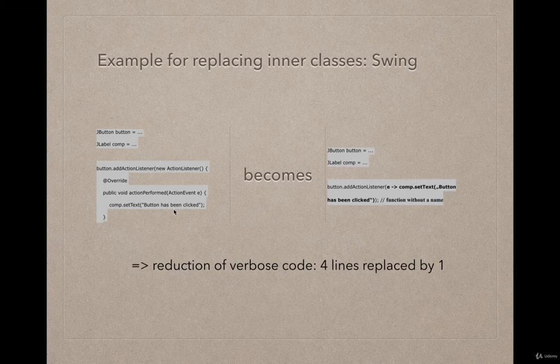Here you have 4 lines, and these 4 lines become 1 line. So new ActionListener, actionPerformed, ActionEvent, and so on, becomes this. You just have an e, and you just say comp.setText, which is a method. This is an anonymous function, a function without a name.